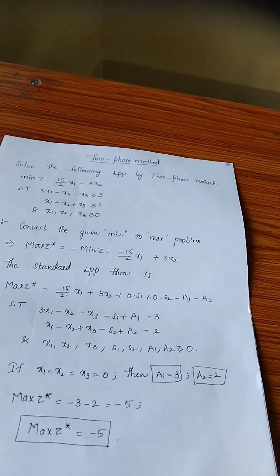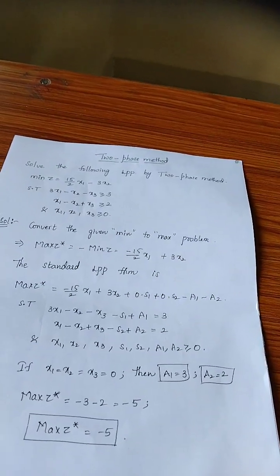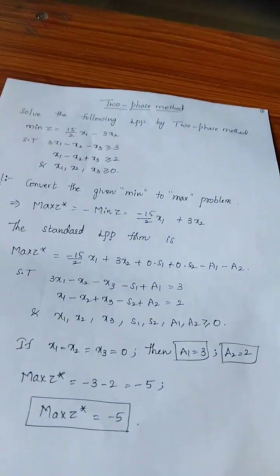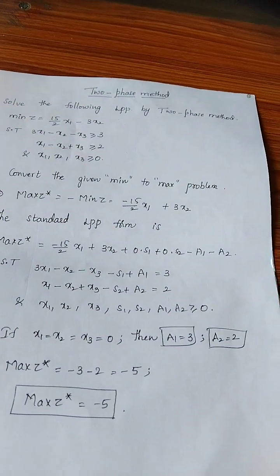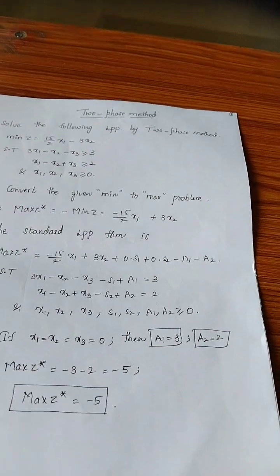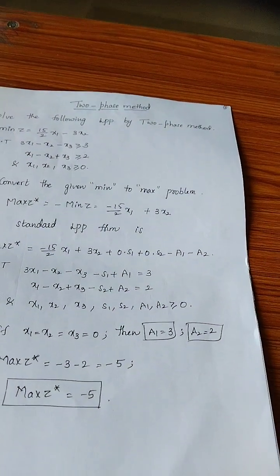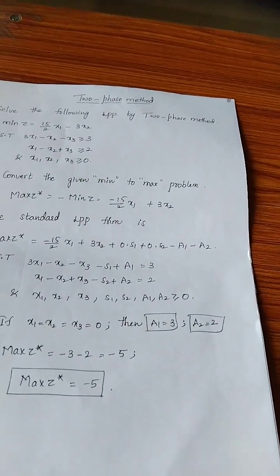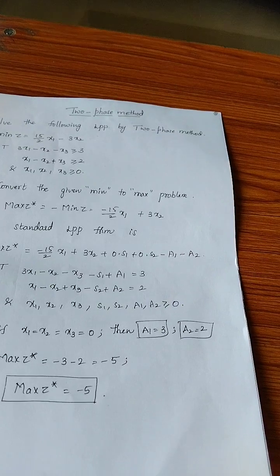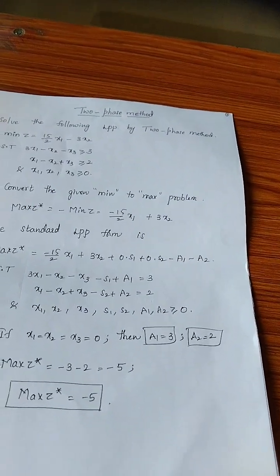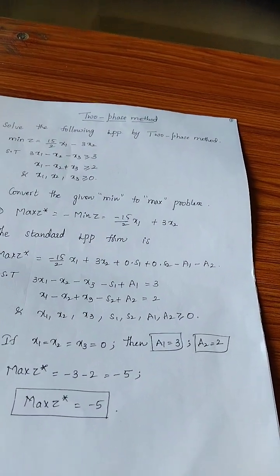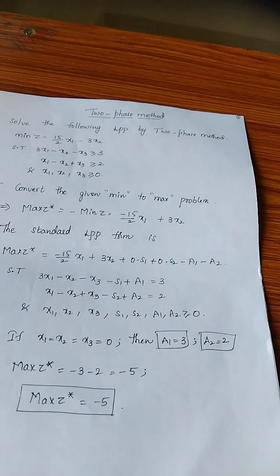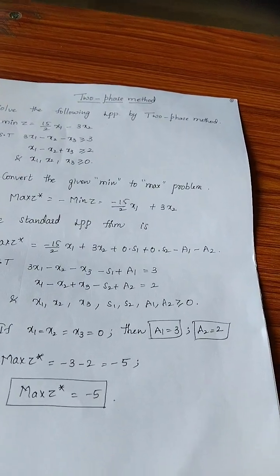Then under phase 2, we are going to write the values from the previous table, that is the initial or any other simplex table, initial or first or second, where you got phase 1 completed, by dropping the artificial variable values. We write the second phase of the two-phase method by giving the table name as modified simplex table.